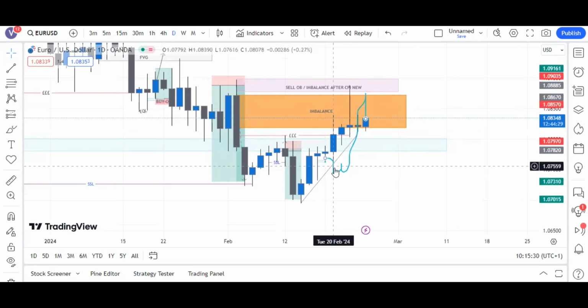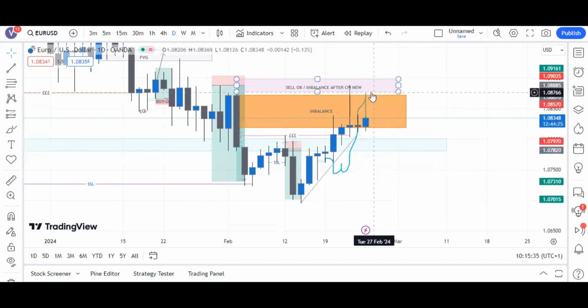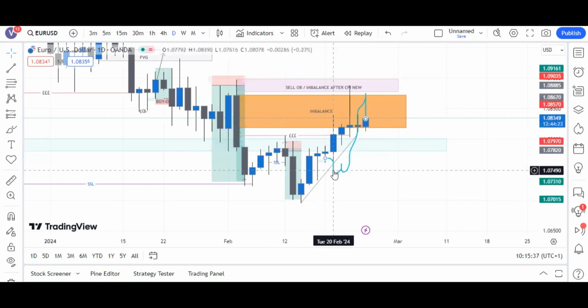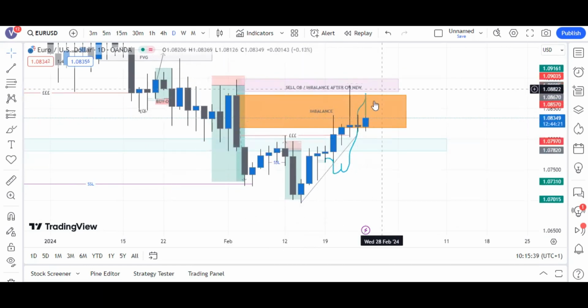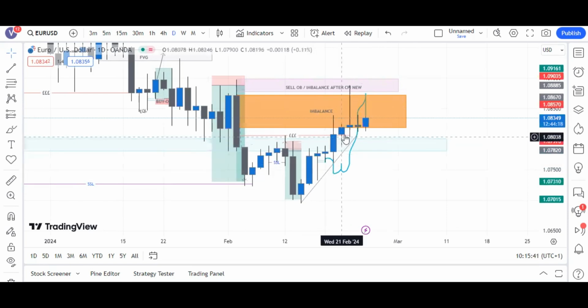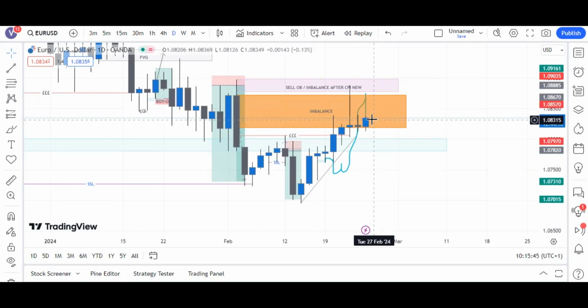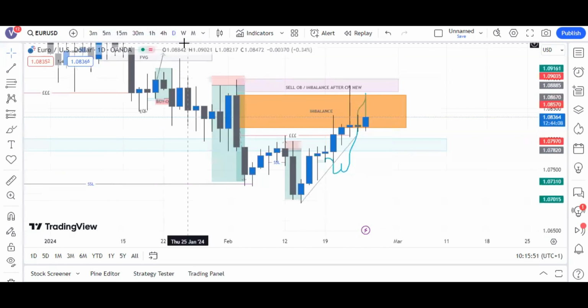Although I expected a retracement to this level at some point, then buy into this imbalance, it didn't retrace, it just continued buying. We took advantage of the few pips we could catch, and we are looking forward to see what we can expect right now on EURUSD.